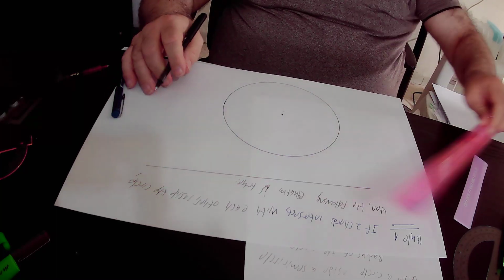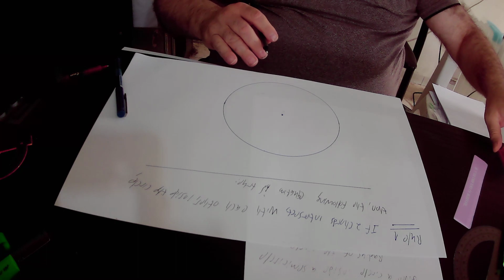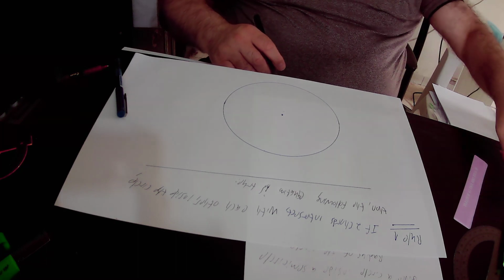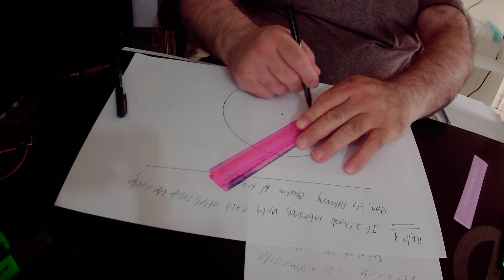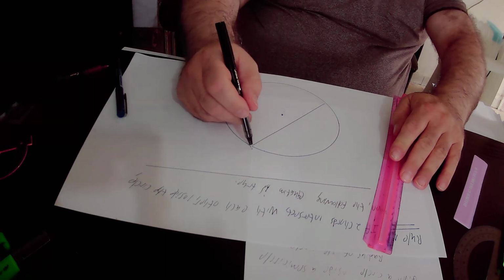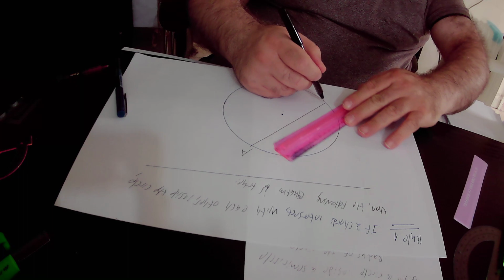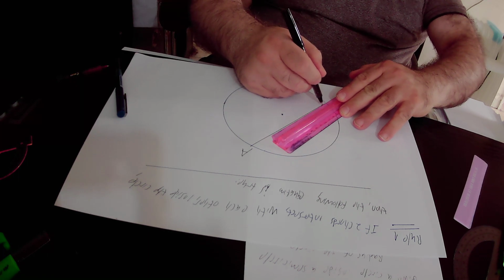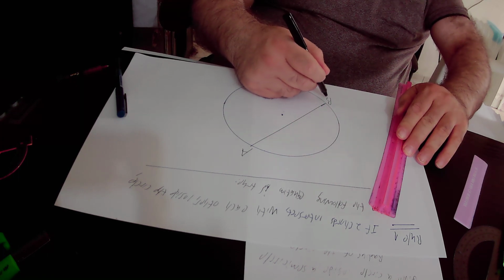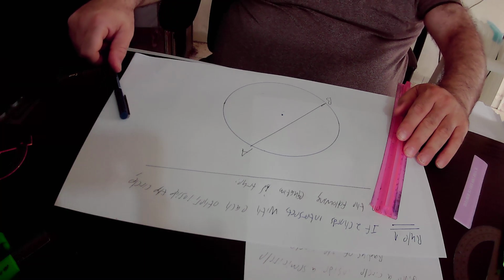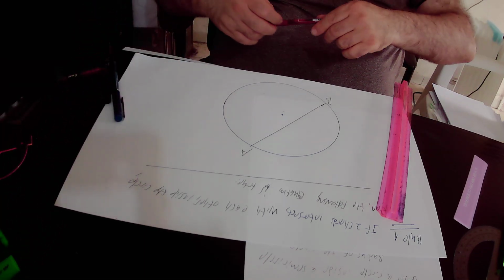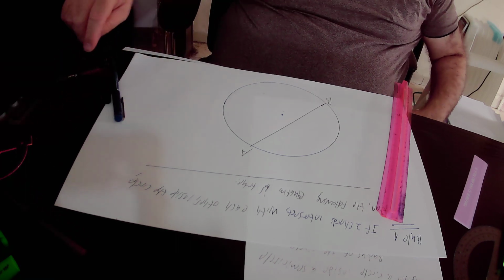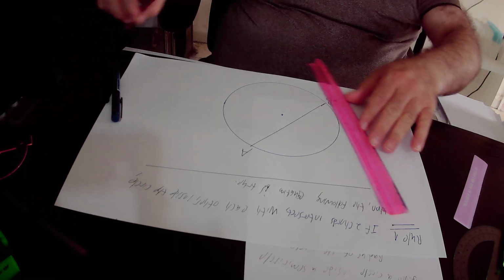So we actually have this circle, and inside this circle we have two chords. This is called AB, and this is called CD.